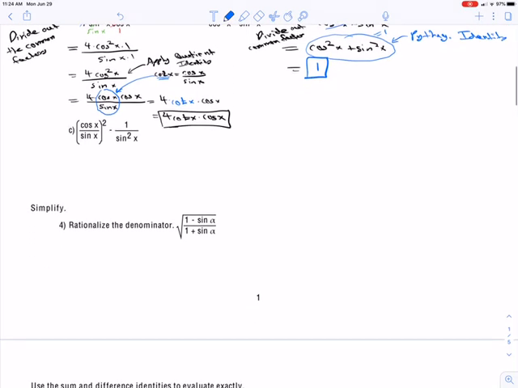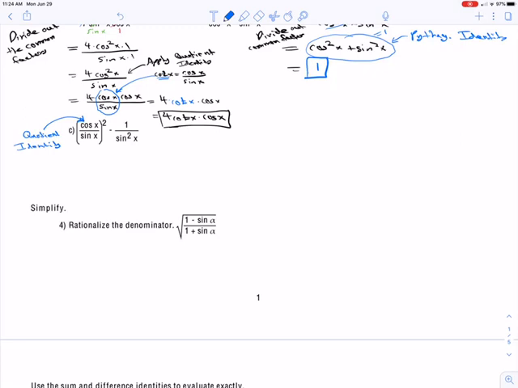Moving on to 3C. Let's see if we can simplify this expression. Now, you recognize, hopefully, two basic identities here at the beginning, right? I want to look at the quotient identity, right? So I'll write that down here. You see quotient identity for cotangent.